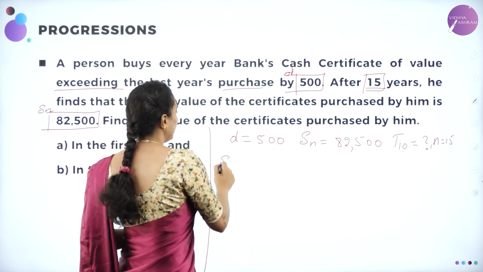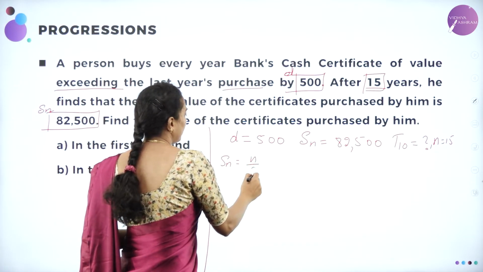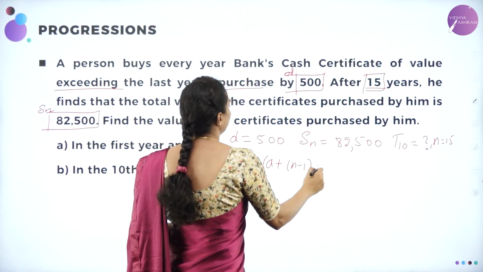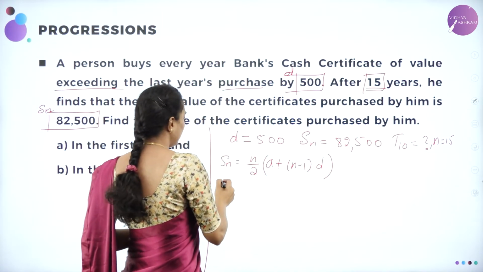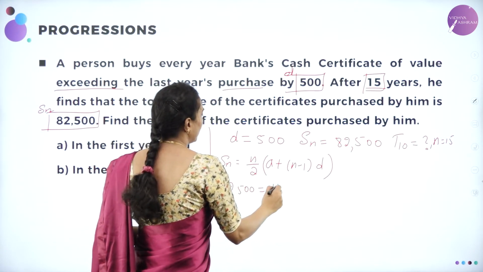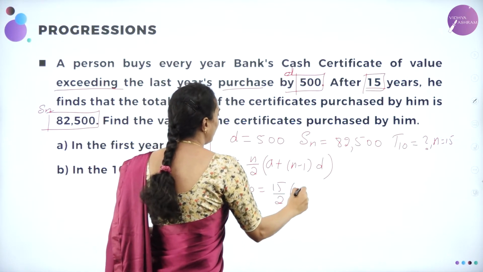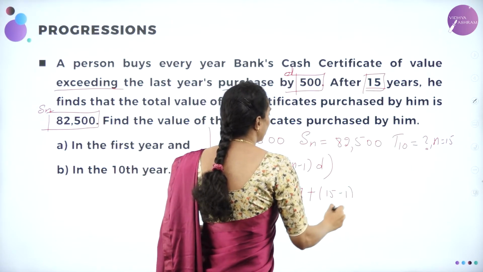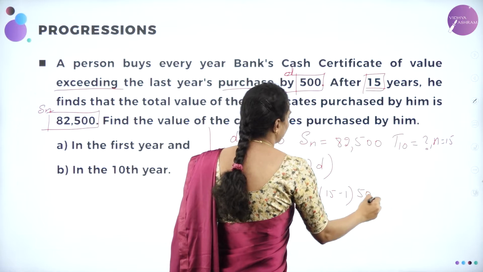We know the formula Sn is equal to n by 2 into (2A plus (n minus 1) into d). So substituting here, Sn is 82,500 is equal to n is 15 divided by 2. We don't know A, plus n is 15 minus 1. d we know is 500.